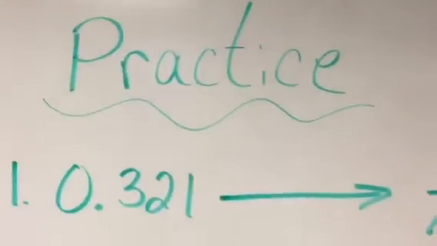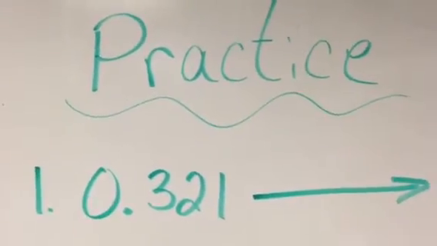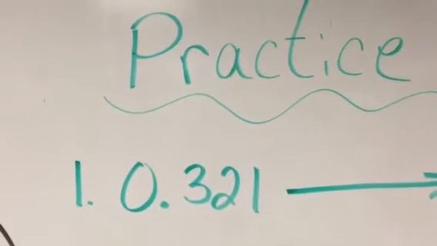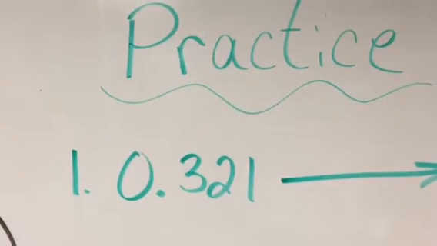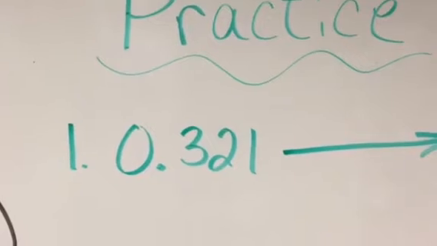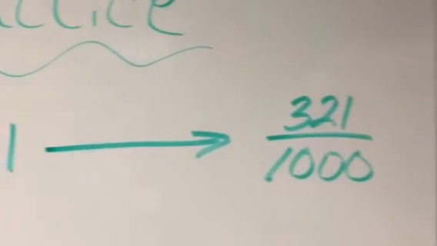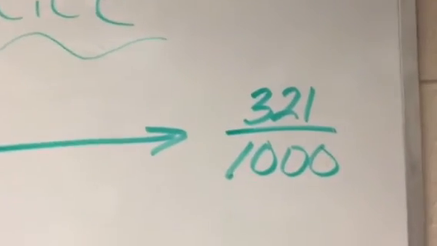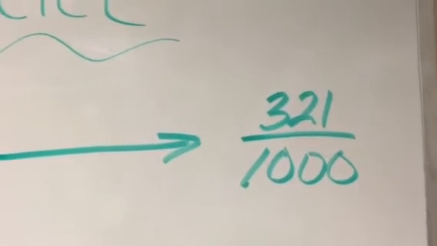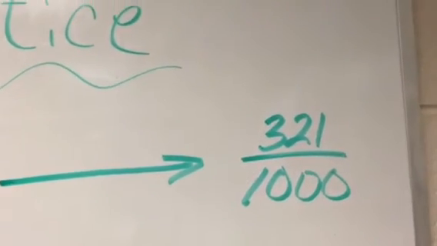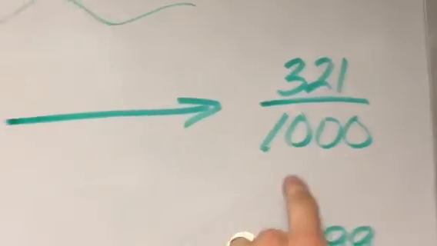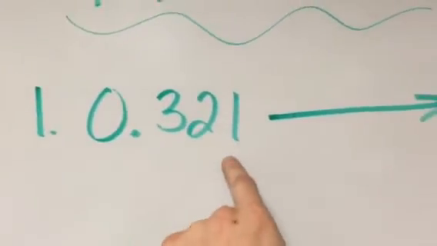Let's do some practice. If I have 0.321, I want to find out what that is as a fraction. So we look at it, and it's going to be 321 thousandths. I know that I need to have 3 zeros because I have 3 digits.